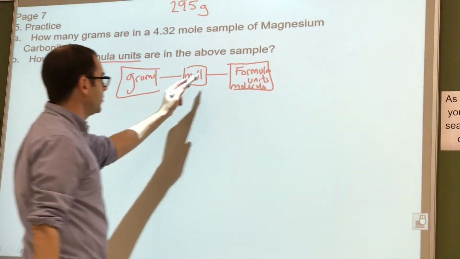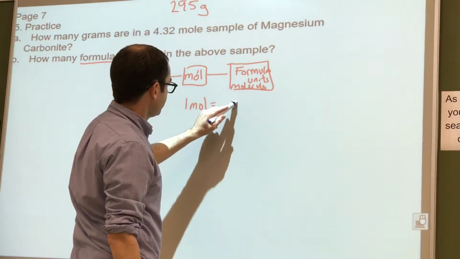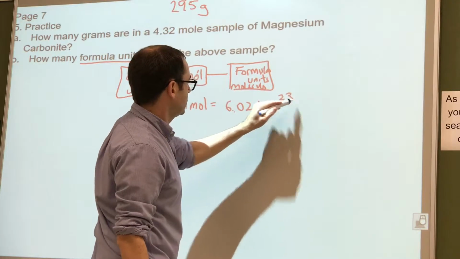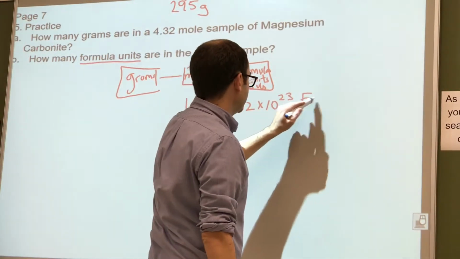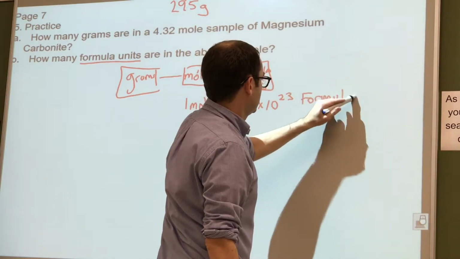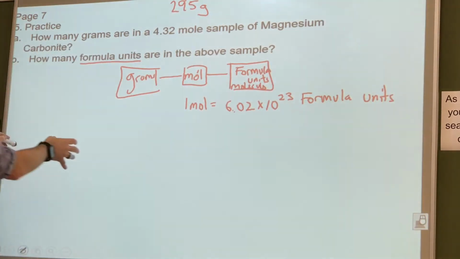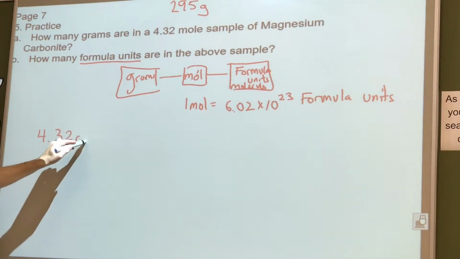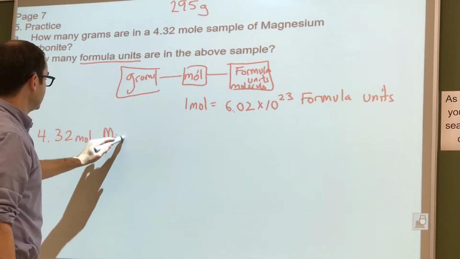How do you go from moles to formula units? 1 mole equals what? Good, 6.02 times 10 to the 23rd formula units. Okay, so what am I going to start with? Yep, 4.32 moles of magnesium carbonate.